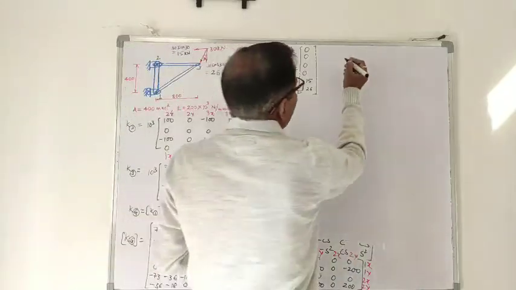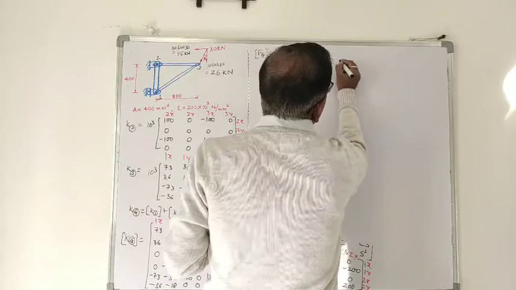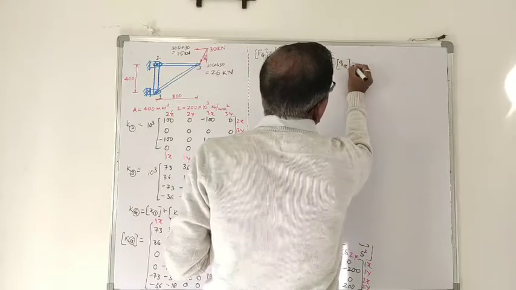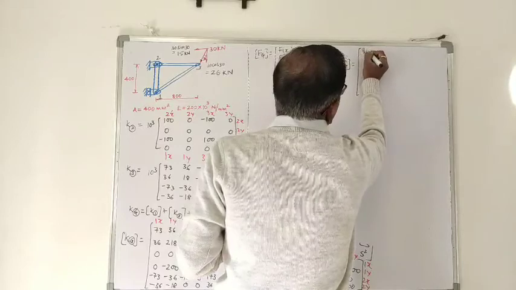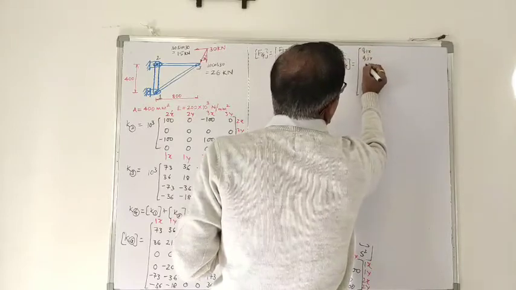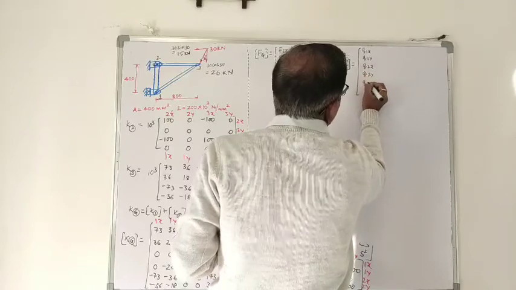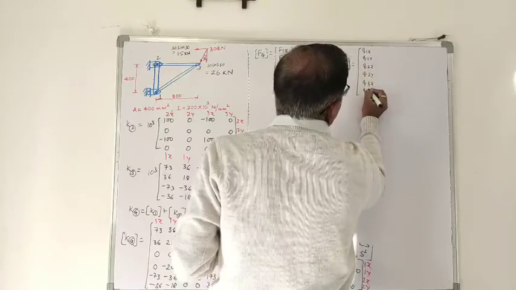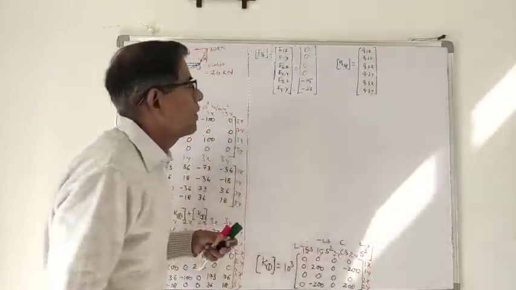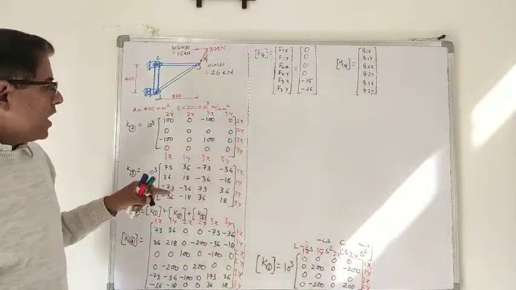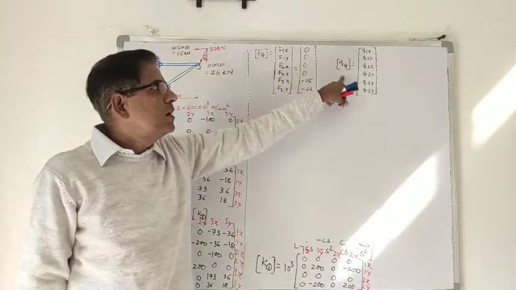Then the global displacement matrix. It will be q1x, q1y, q2x, q2y, q3x, q3y. Now we are ready with the global stiffness matrix, global force matrix and global displacement matrix.